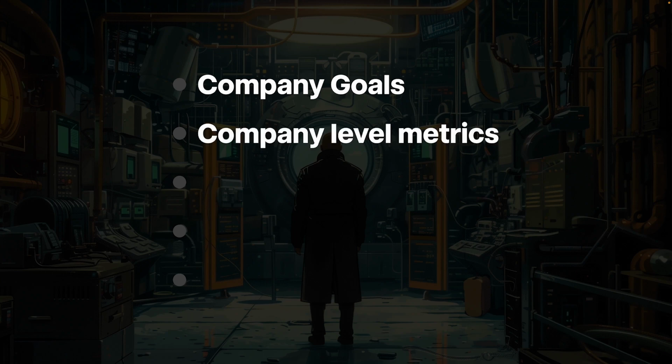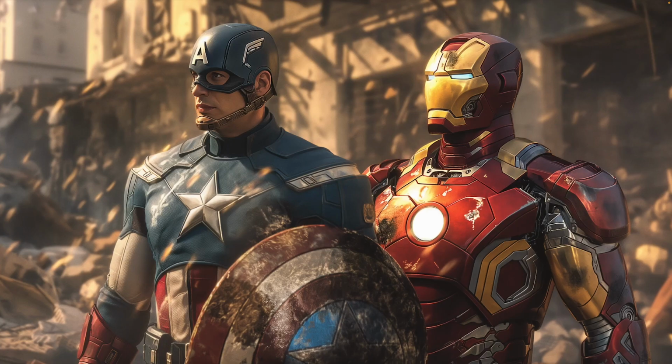And then to achieve these goals, you come up with company level metrics, and I'm going to give you examples of this as well, right? You know what you're trying to achieve, and in order to achieve that, you need to measure certain metrics. Maybe you want to increase something and maybe you want to decrease something. If these metrics are moving in the direction that you want, then you're going to achieve your company goals, right? So this is basically Nick Fury's job.